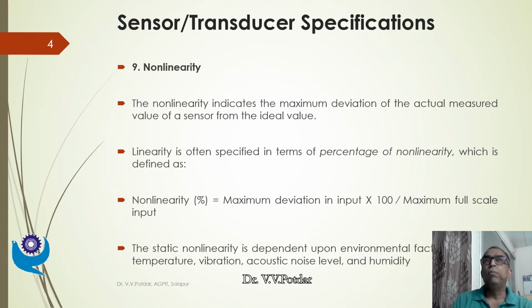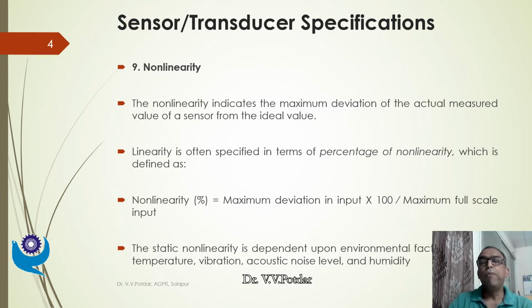Now, let us take the case of a spring. If I have a spring scale, within the elastic limit, when it is subjected to external load, if you remember, the stress is proportional to strain, and as per the applied load, there will be deflection of the spring.